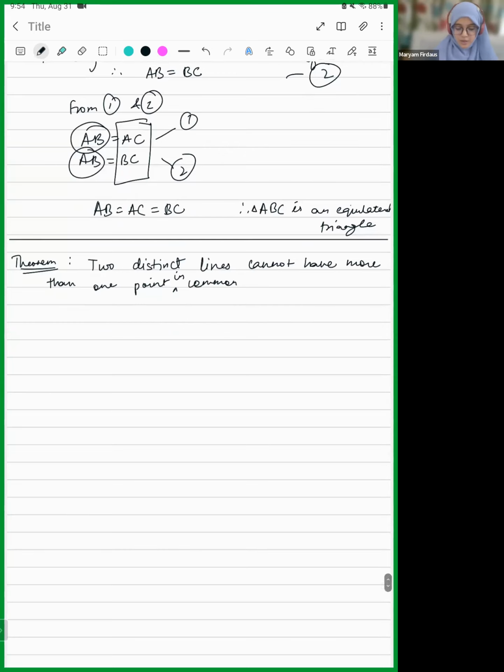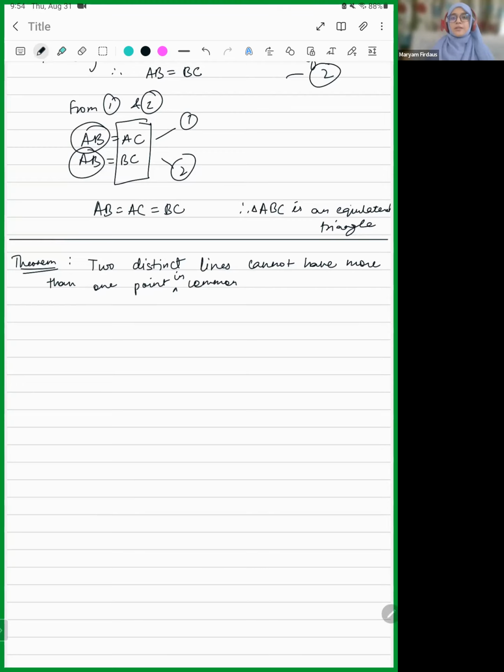That is why over here we have cannot have more than one point in common. They can have one point in common and they can have 0 points in common, but they cannot have more than one point.